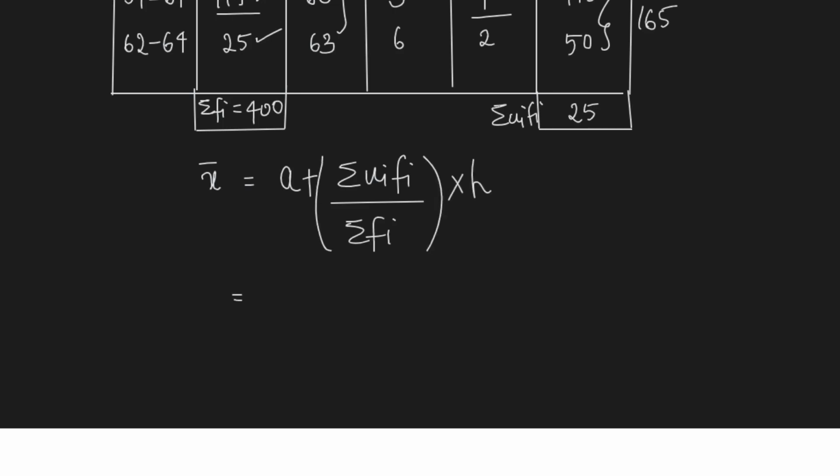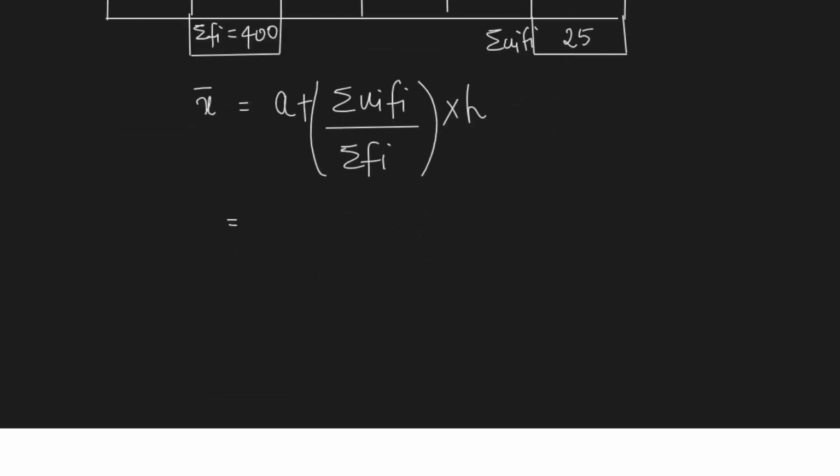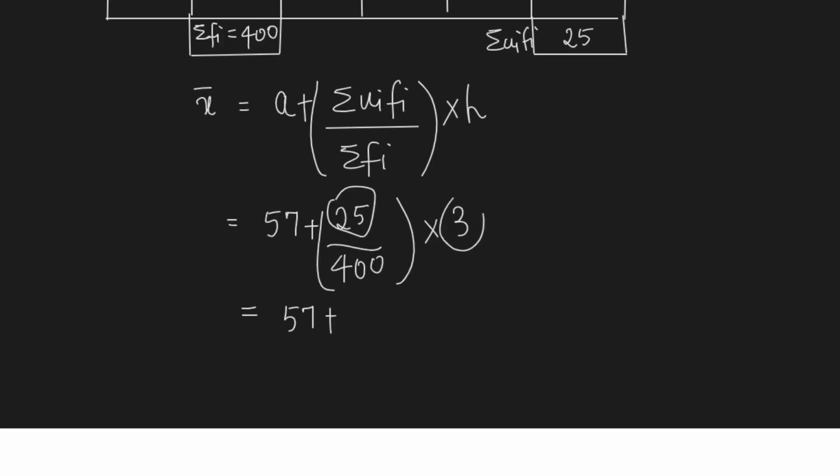Now let's substitute the values, where a is equal to 57, sigma ui fi is 25, divided by sigma fi which is 400, multiplied by the length of the class interval, that is 3. So this will be equal to 57 plus, you multiply 25 with 3, you get 75 divided by 400.